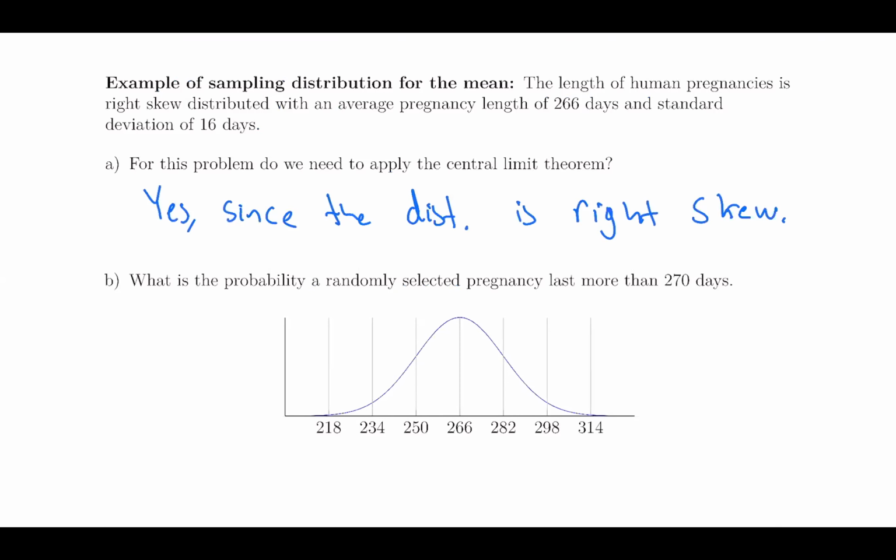So for this one it said, what is the probability a randomly selected pregnancy lasts more than 260 days? How many pregnancies are we selecting? So n is equal to 1. If my parent distribution is right skew, and my sample size is equal to 1, does it pass the central limit theorem?